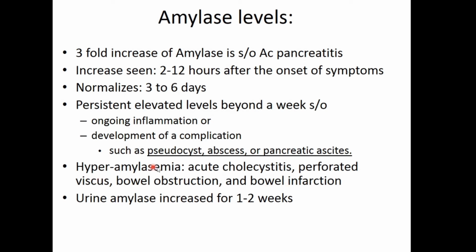So basically, hyperamylasemia can be seen in many other conditions. But when I say hyperamylasemia, it is not the threefold increase. And that is the reason why very safely we ask for a threefold increase in amylase level to be able to diagnose acute pancreatitis. Because you can have this amylase level going up in acute cholecystitis, perforated hollow viscus, and sometimes even in just bowel obstruction and bowel infarction.